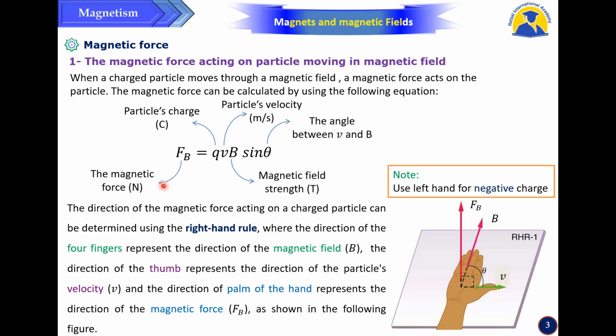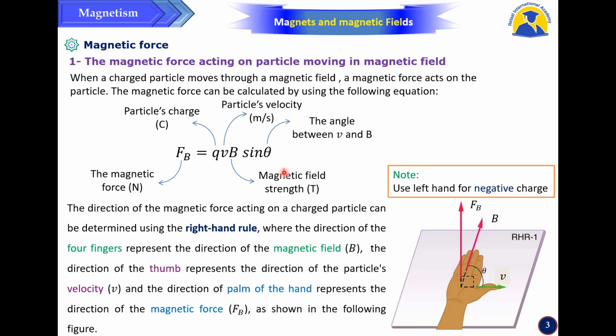F_B means the magnetic force in Newtons, q is the particle charge in Coulombs, v is the particle velocity in meters per second, and B is the magnetic field strength in Tesla. And here theta is the angle between the two vectors, which are the velocity and the magnetic field.